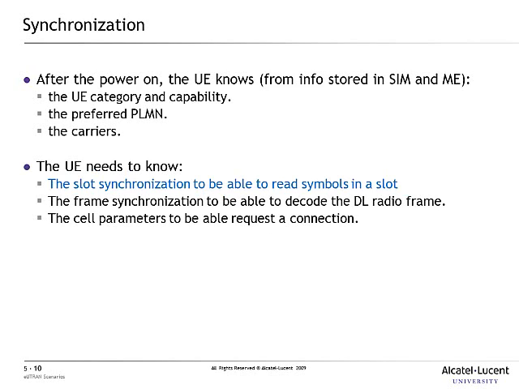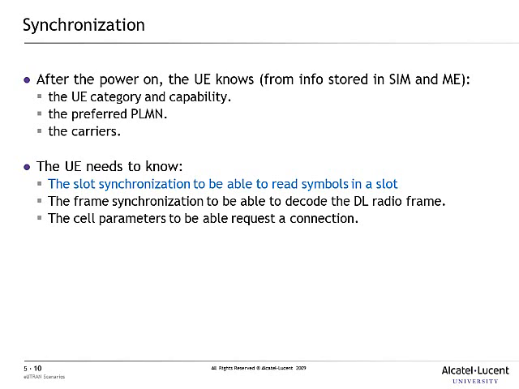Then it starts synchronization. In terms of synchronization, there are three important things that need to take place. One is referred to as slot synchronization, where you need to know where symbols start and where symbols end, so that you can count your symbols and so forth. The next thing is frame synchronization.